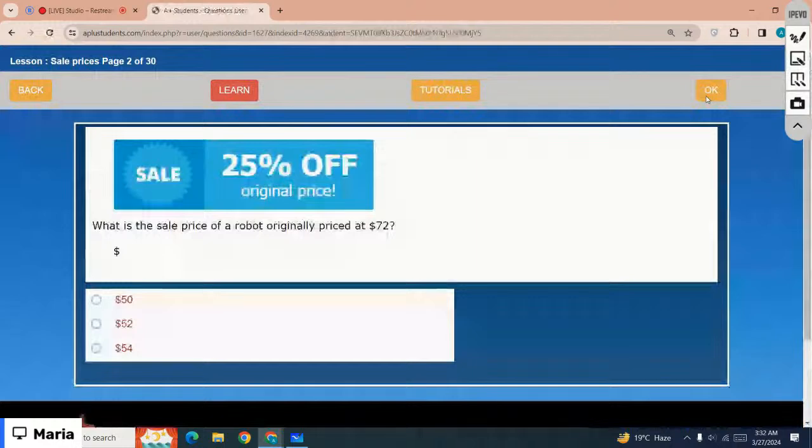Okay, what is the price of a robot originally priced at $72? That is on 25% off. So which is the correct option? Can you calculate the value?